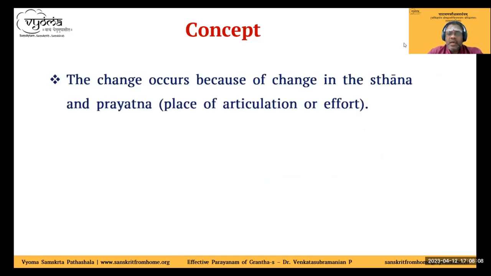This change occurs because of the change in the sthana and prayatna. Yesterday we understood a concept that all the letters in our Varnamala have a particular place of pronunciation, articulation: Varna Utpatti Sthana. This is called Sthana. There are 8 sthanas.